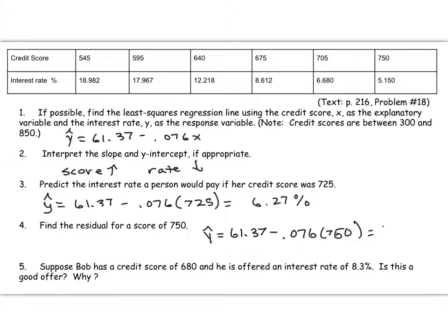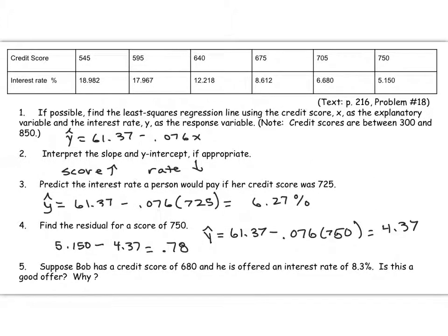I get 4.37. All right, and our observed value is 5.150. We're going to subtract our predicted value, which is 4.37, and that gives me a residual of 0.78.